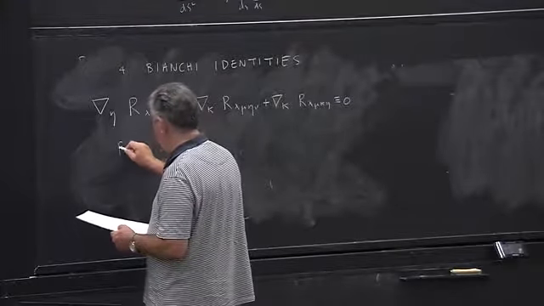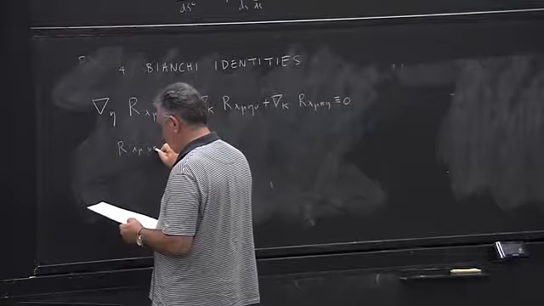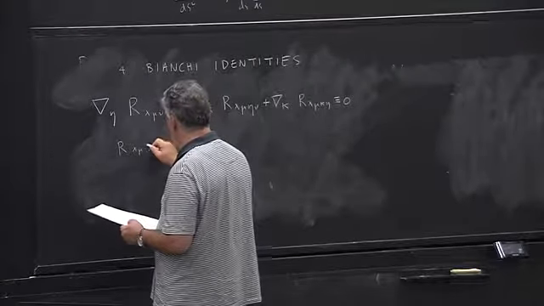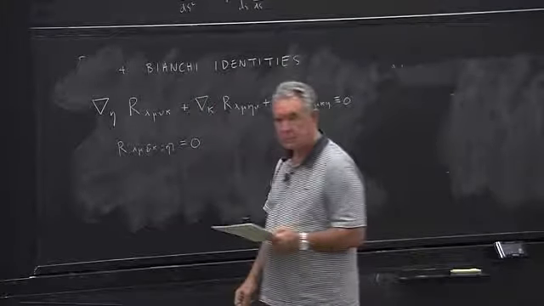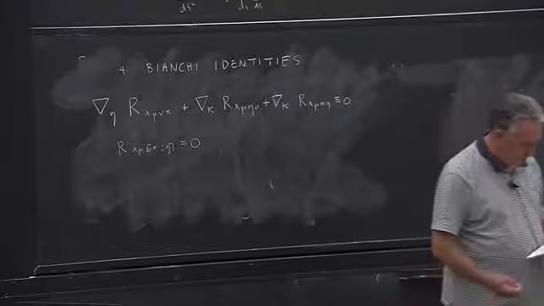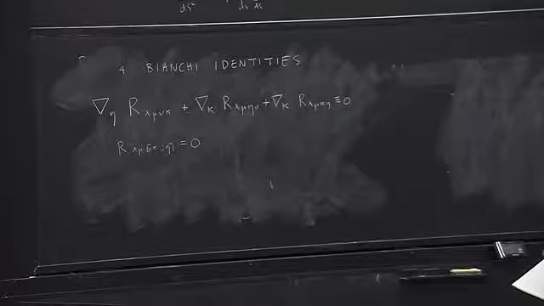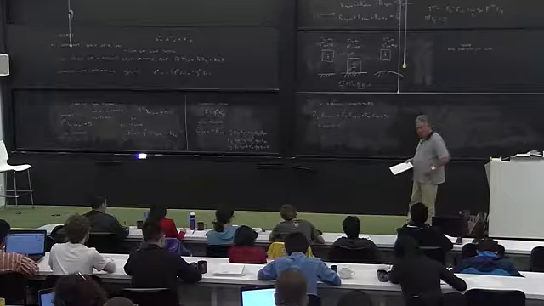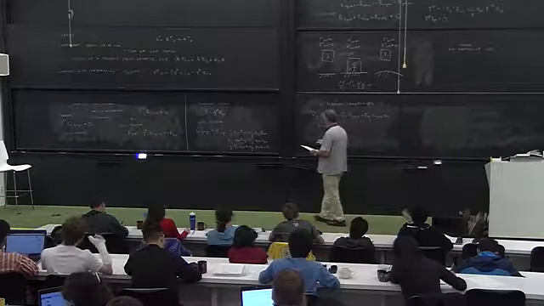I could abbreviate that by lambda mu nu kappa semicolon eta, anti-symmetrized on the 3 indices. Now, you can verify that by slogging it out, writing out the Riemann tensors with all the gammas and filling the blackboard that way. You would convince yourself it was true. But there's a quicker way of doing it, which I leave to you.